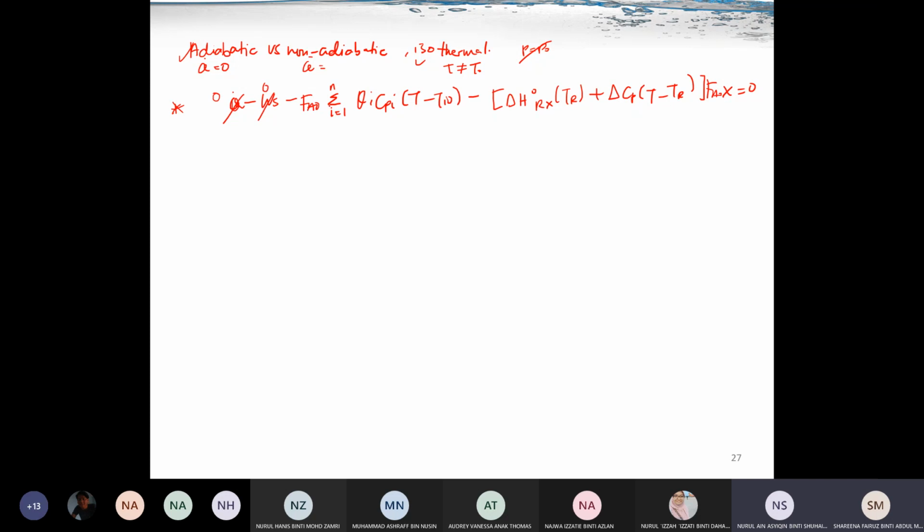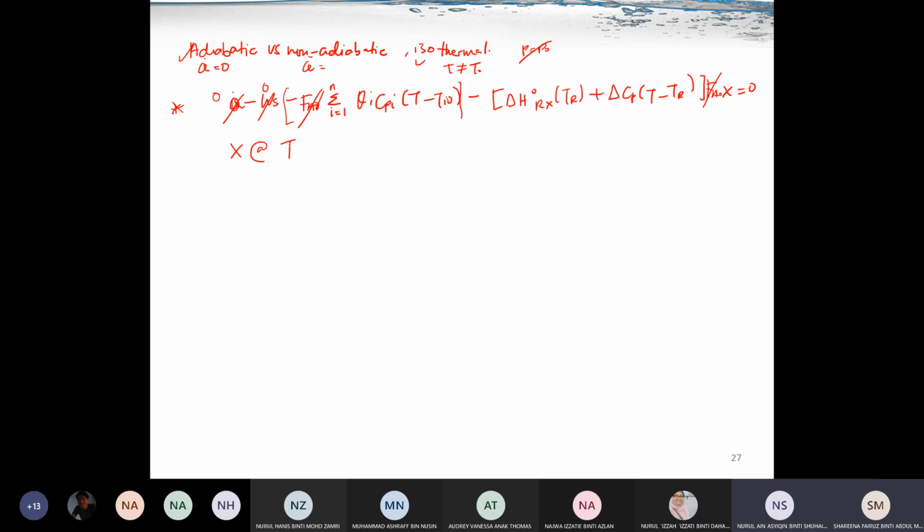You bring this part, transfer it to the right side. The F A naught we can cancel because it is the same term. So what is left is only this part. From here you can arrange it in terms of X or in terms of T.